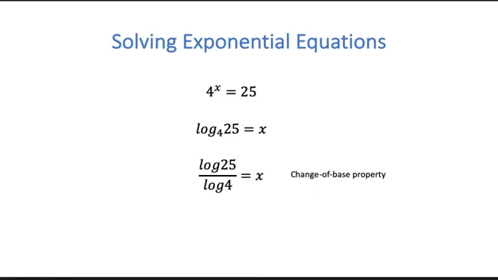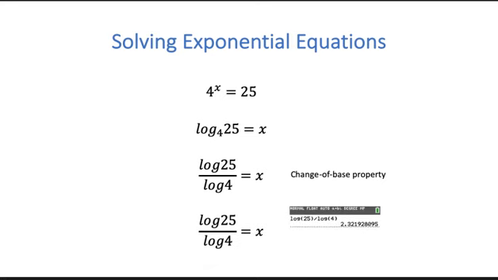So the log of 25 divided by the log of 4, or the log base 4 of 25, is what x is going to be equal to. I think I forgot to write down the answer, but the answer is 2.322 approximately.